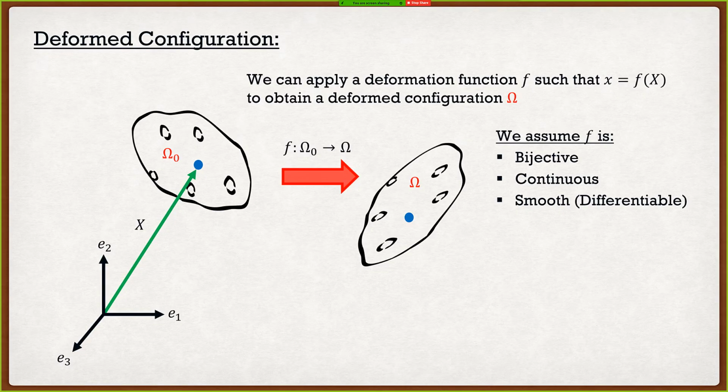What we're going to do is assume that f is bijective, and if you remember from the linear algebra review, that basically means that f is invertible, meaning that if I have the deformed configuration, I can go back to the reference configuration if I wanted to. We also assume that f is continuous, as well as smooth, which basically means that it's going to be differentiable.